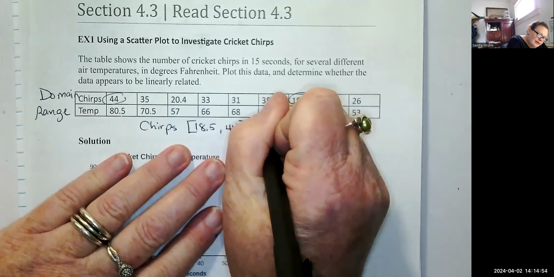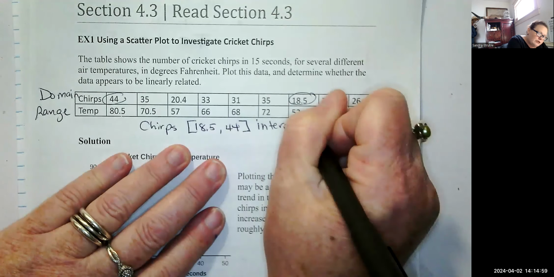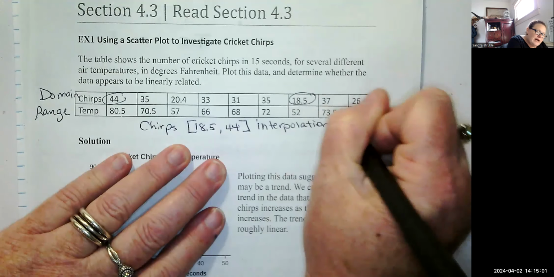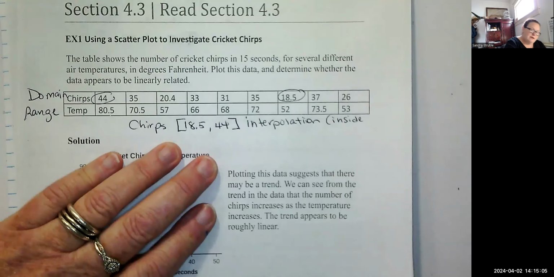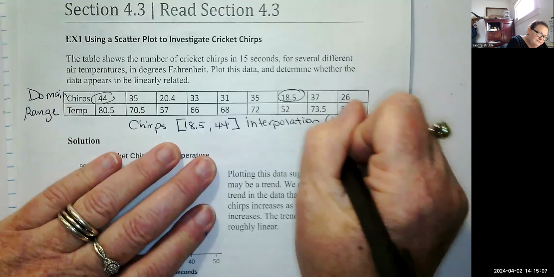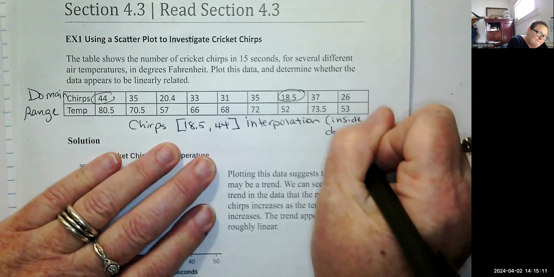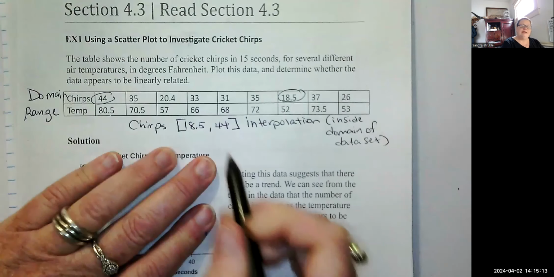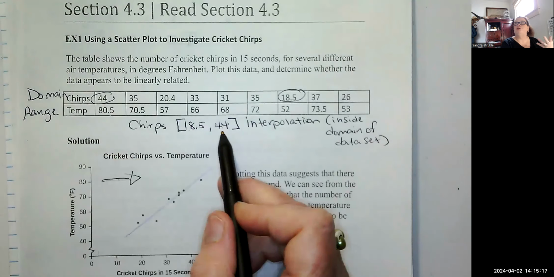It's interpolation if it is inside the domain of our data set. Okay, so any numbers that land in between 18.5 and 44 are interpolation.